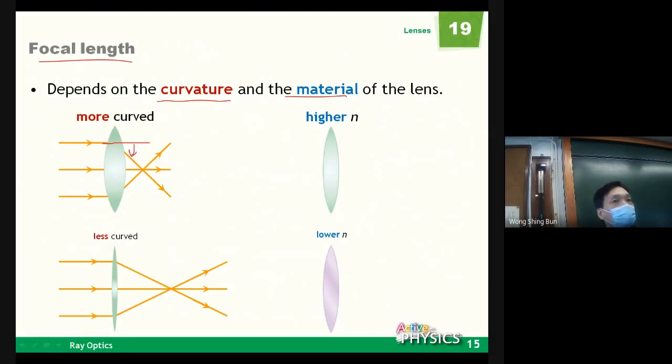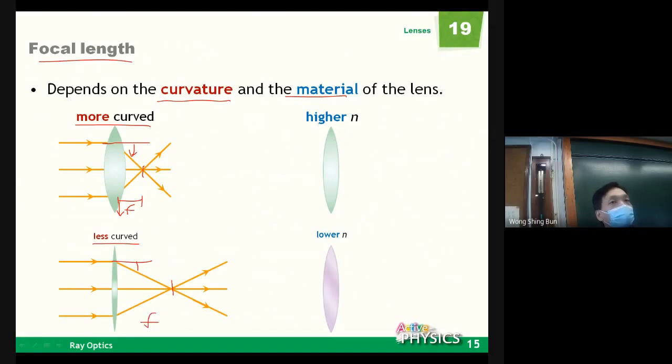Now, change it in this direction. More curved, then what will happen? You can see that the focal plane will be nearer to the lens. F should be smaller. How about this? Less curved. Then it means that the deviation angle, 偏差角度, should be smaller. Then F should be greater.